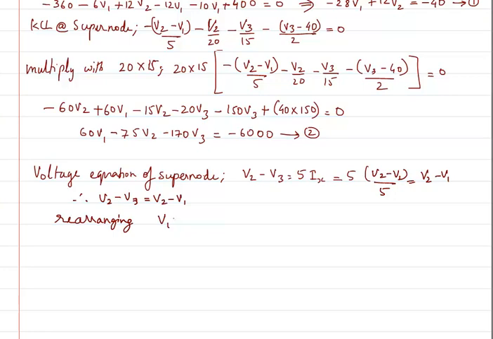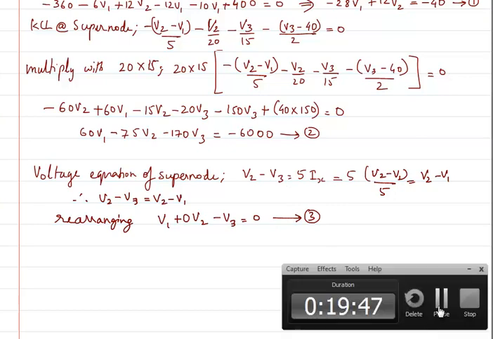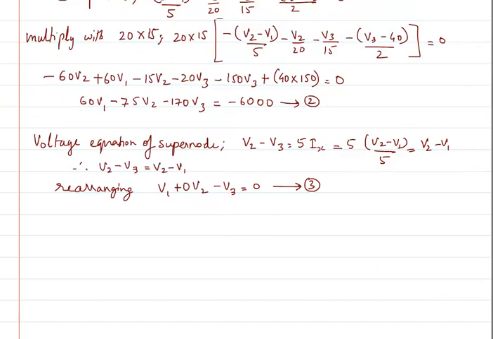So 0 V2, I will just write it for the sake of writing, and then minus V3 will remain, and that is going to be equal to 0. So this is going to be the third equation for the unknown. So these are the equations, correct? So based on this, we can very clearly see that if I solve 1, 2 and 3, I will get the answer. Sorry, I have made a mistake here.